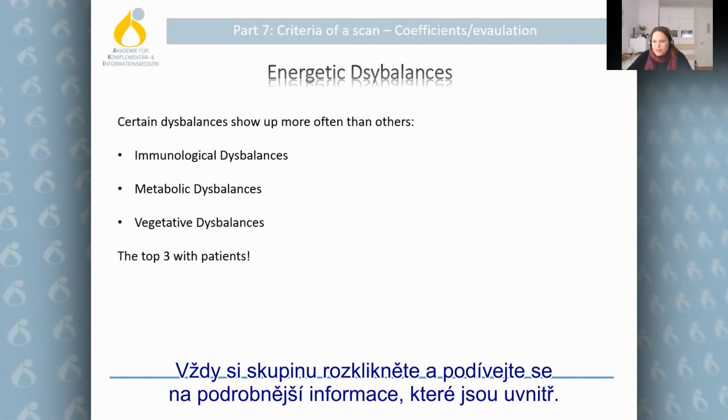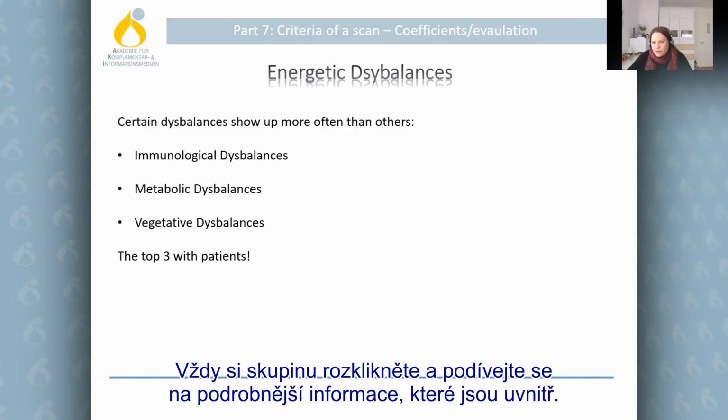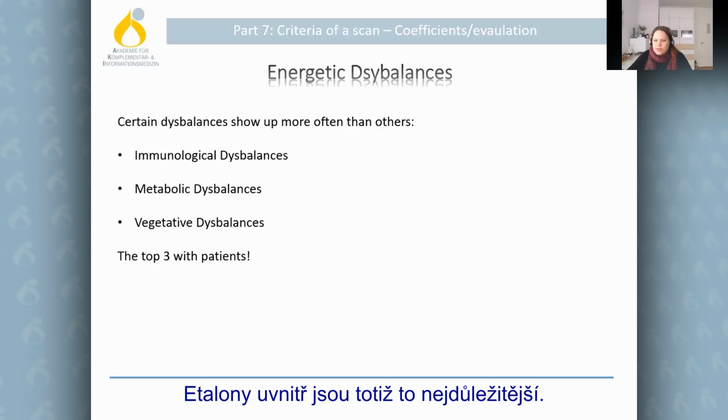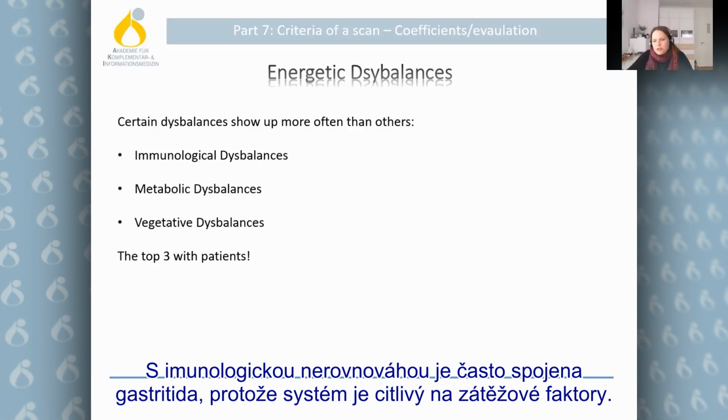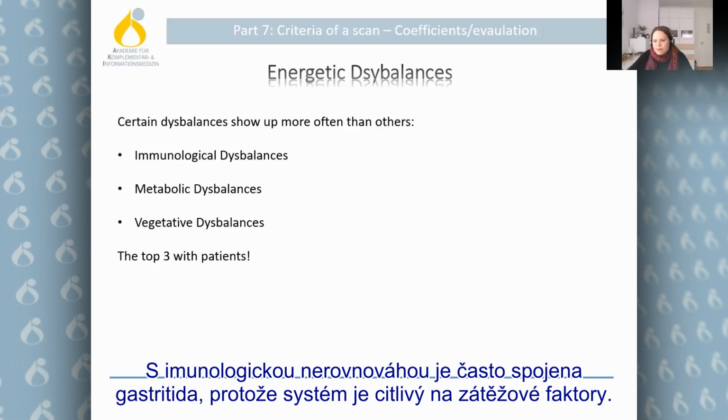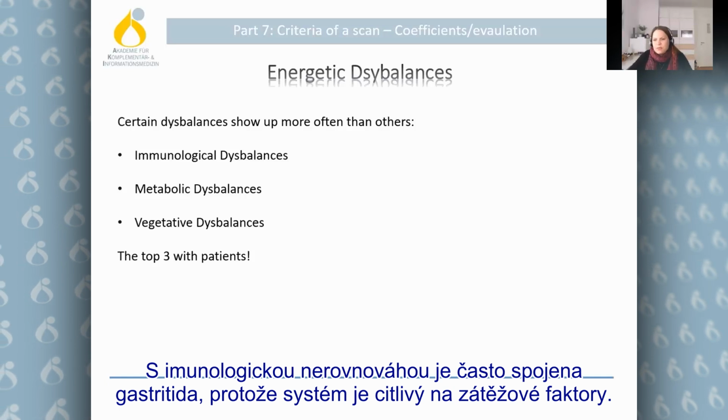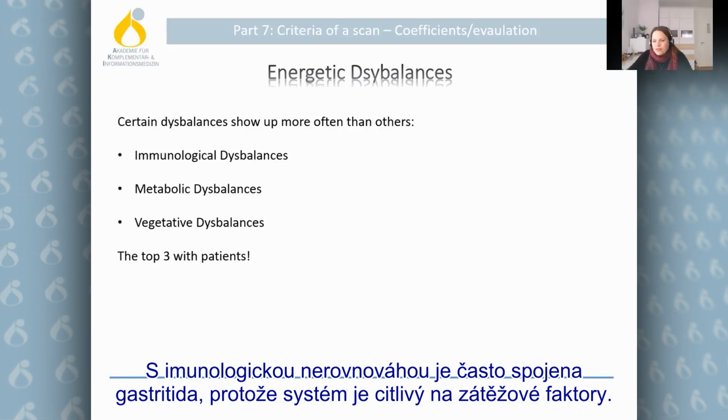And please, even when you have groups really often, please click on details so that you see what's written inside, because the etalons inside are the most important. With the immunological disbalances, we have gastritis really often because the system is really sensitive to the stress factor.